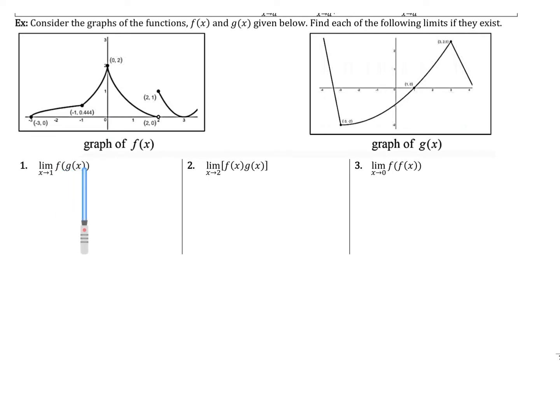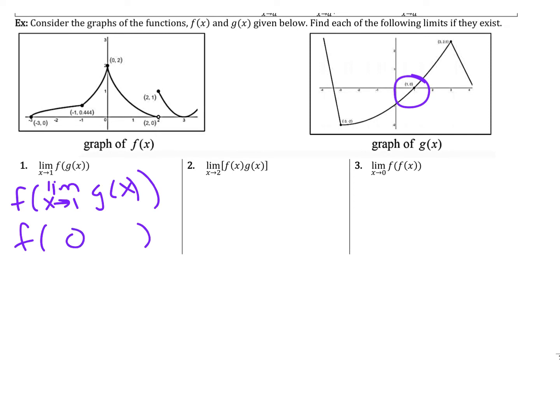So f of g of x, well, we said that g of 1 is equal to 0, and we don't have any issues with existence. Our function f is continuous at x equals 0, and what that means is we can just work through this as the same thing as f of the limit as x approaches 1 of g of x, and we said that that inside limit is equal to 0, which means we can just look at our graph to see what f of 0 is. f of 0 is 2.